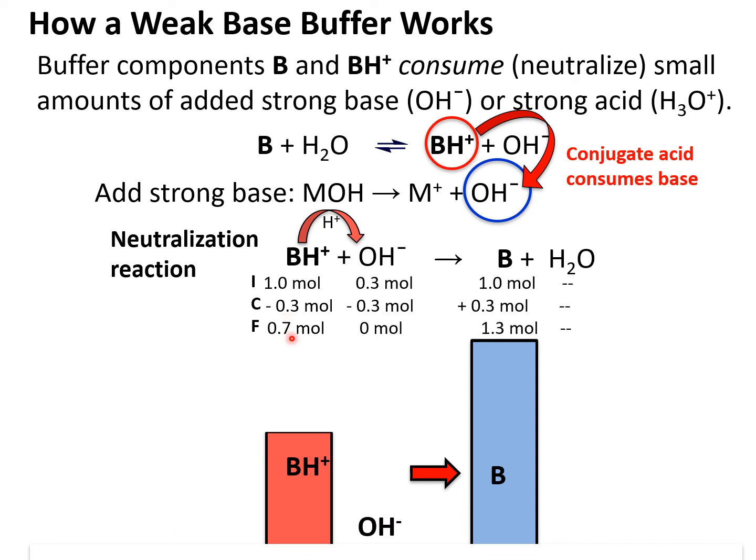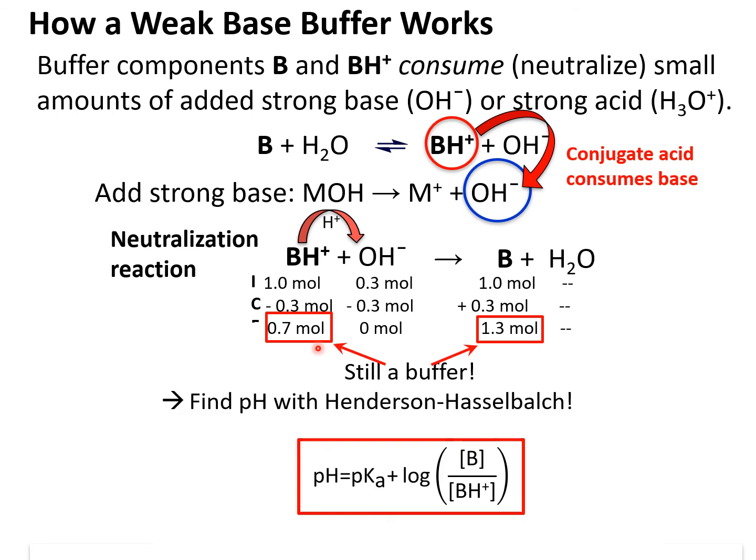Therefore, the number of millimoles of weak acid, BH+, will decrease, and the number of millimoles of B, the weak base, will increase. However, we still have significant quantities of both weak base and its conjugate acid, and therefore we still have a buffer system, and we can determine the pH with the Henderson-Hasselbalch equation.